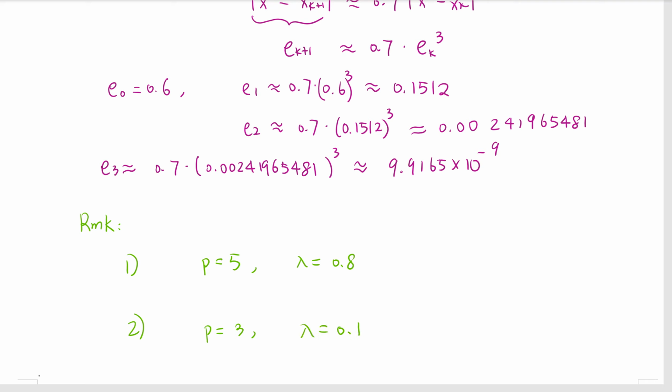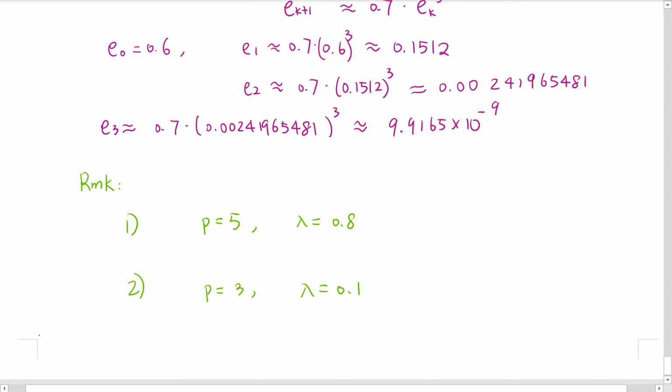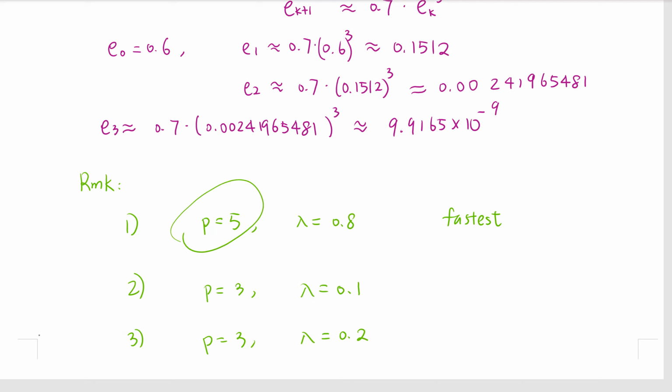Which one converges faster? Of course, the order 5 one converges faster, right? Let me do one more. Who's the fastest? This is the fastest, because 5 is a larger order.